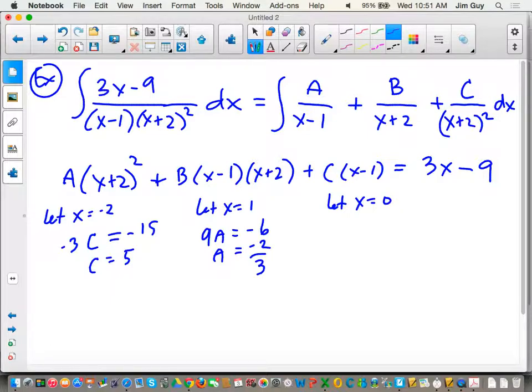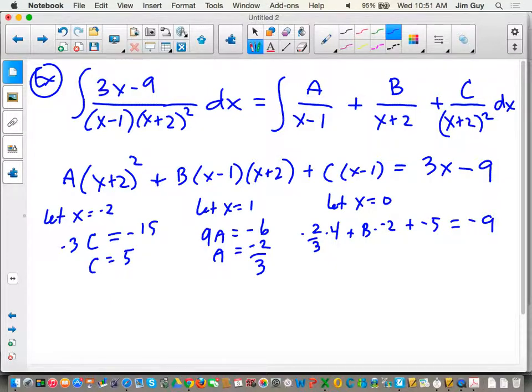So, as Carmen said, we're going to put negative 2/3 in for the A. 0 plus 2 is 2, squared would be 4, so this is times 4. Plus, and B we were trying to find. Put 0 in. So 0 minus 1 is negative 1, times 2 is negative 2, so times negative 2. Plus, C is 5. 5 times negative 1 is negative 5.